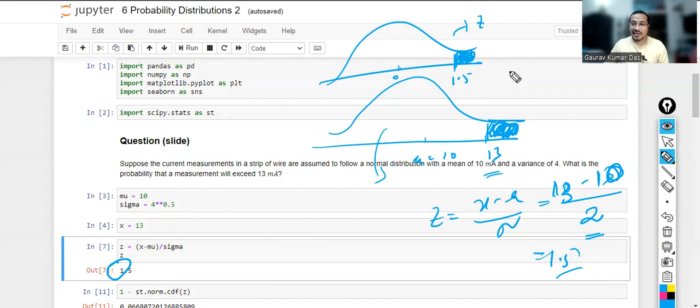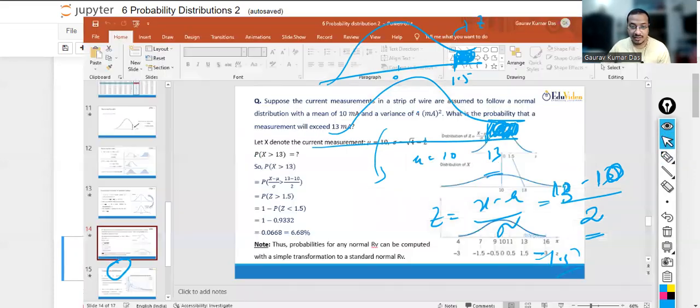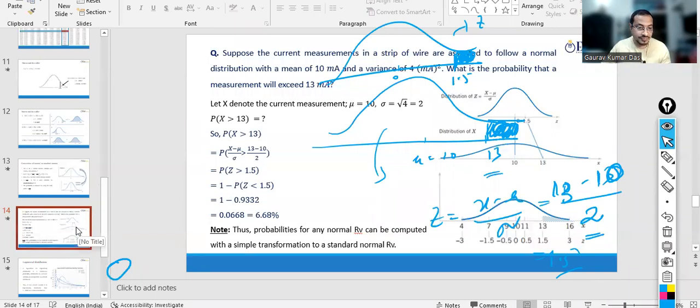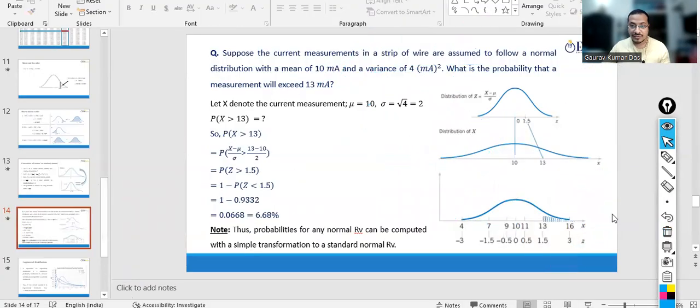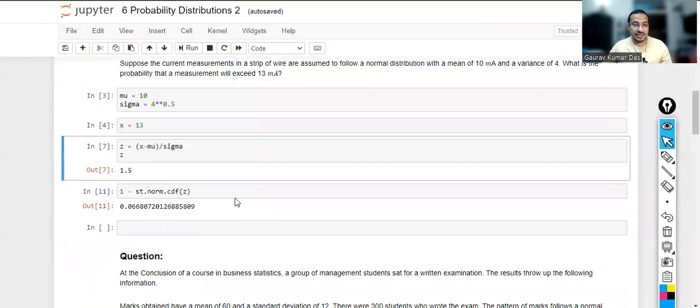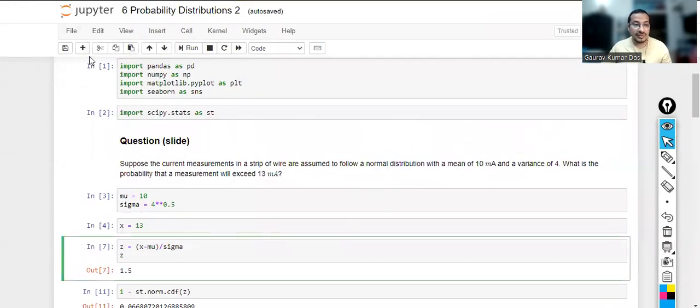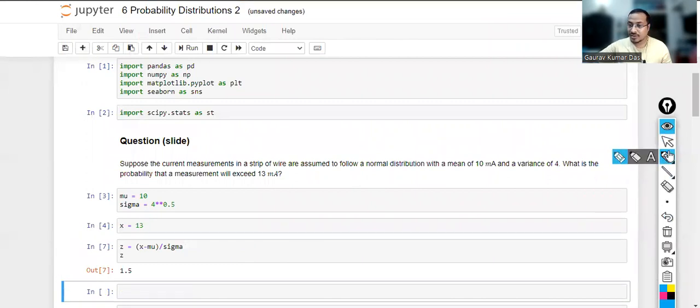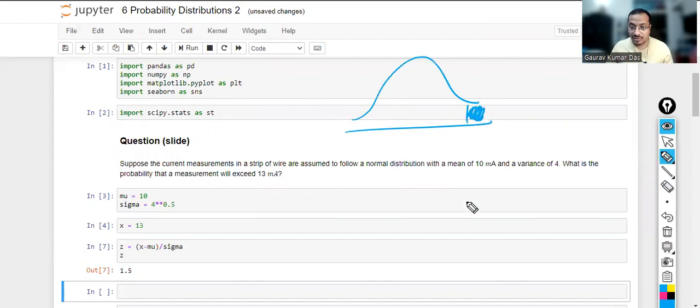With respect to this, typically we try to find the probability from the z table. If we go back to the question, we can see here the x is converted to the z scale. Now, in order to find the probability of z greater than 1.5, this is what we want.